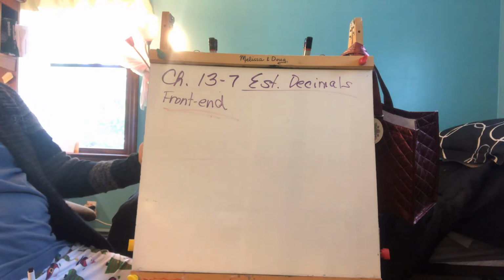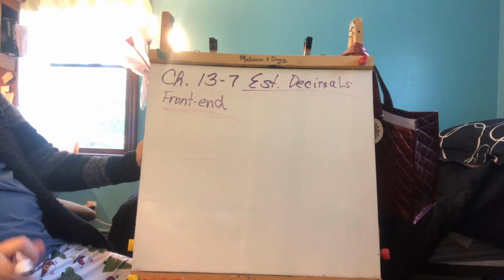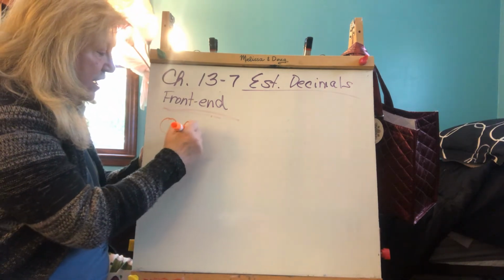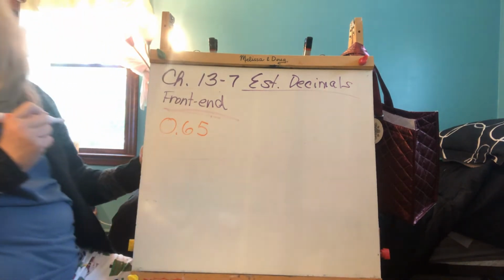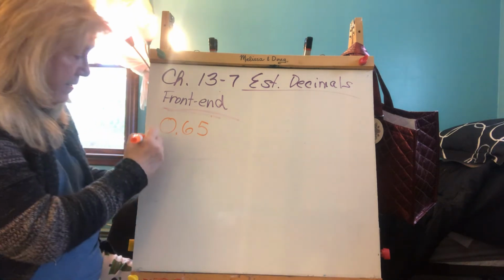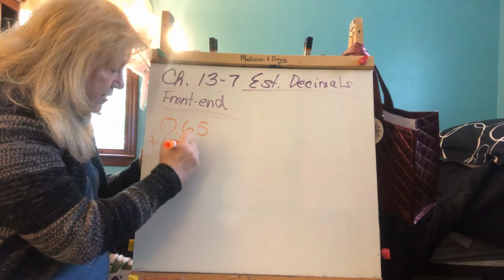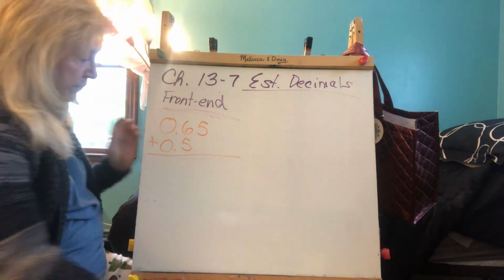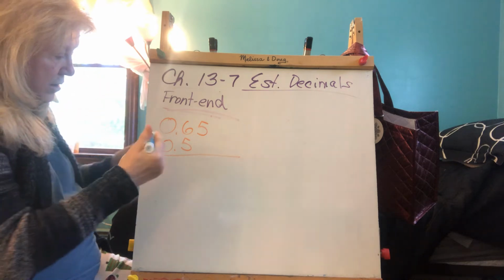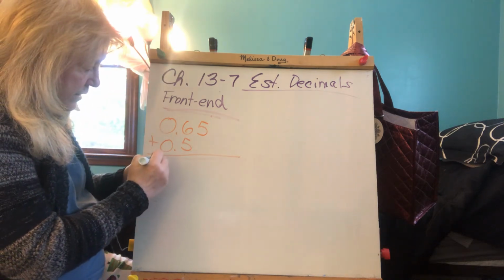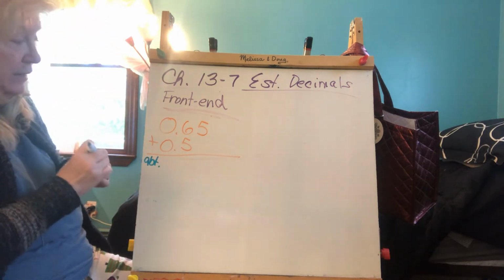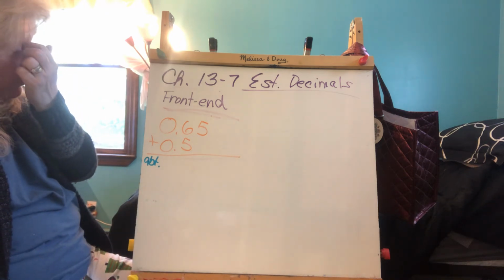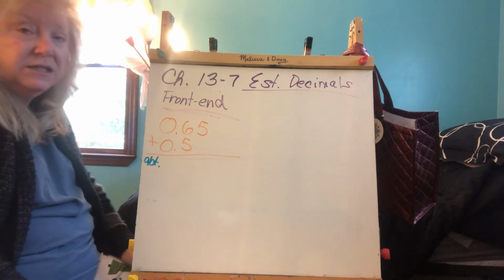So what if you were given 65/100 plus 5/10, and you had to do an estimate? I'm going to put my about in my answer so that I don't forget. Now I'm going to look at the first non-zero digits.